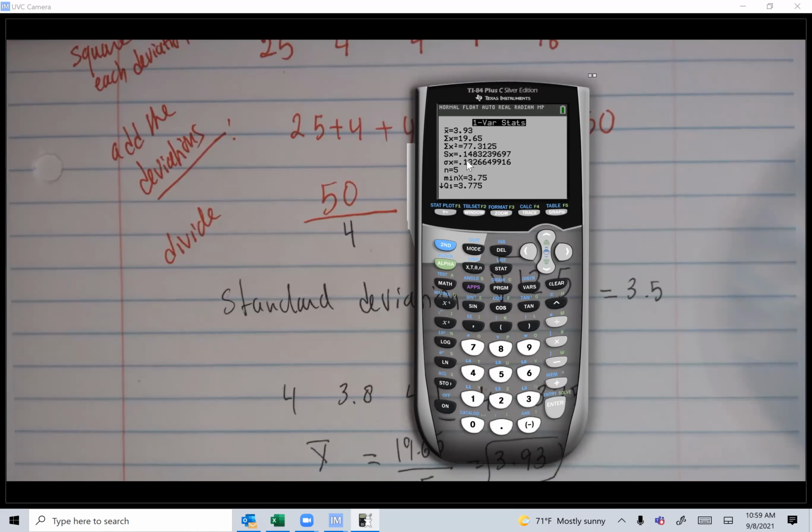You see the standard deviation, guys, is 0.148, 0.15. And the mean was 3.93, which I did by hand. Because the values are very close to the mean, the standard deviation is going to be very low. That is considered a low standard deviation, and you can make a conclusion that your values are very consistent with the mean.